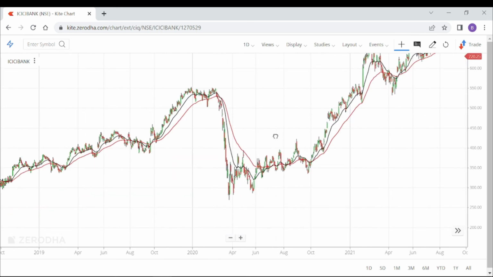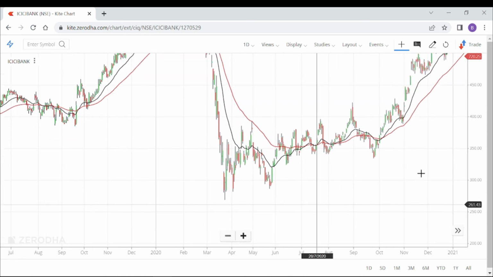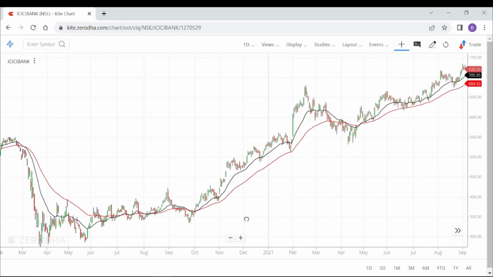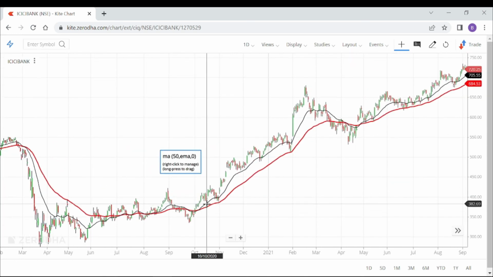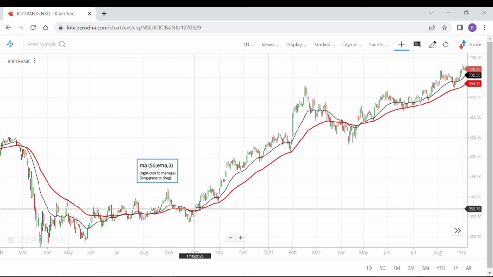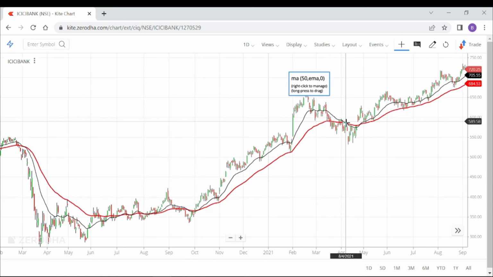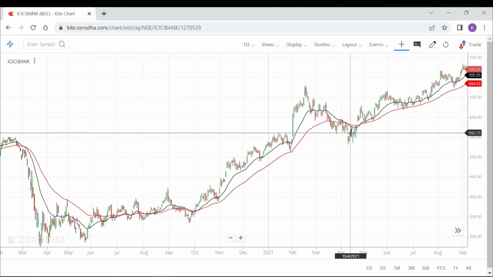Click on done. Here you can clearly notice, friends, whenever the 20-day EMA crosses above the 50-day EMA, you can go for a long, and whenever the 50-day EMA crosses the 20-day EMA, you can consider it an exit for a long position or you can short it.